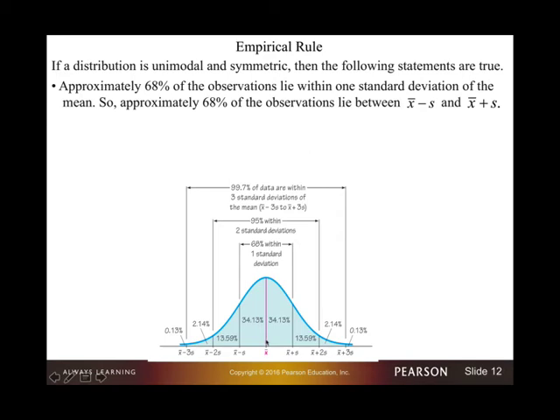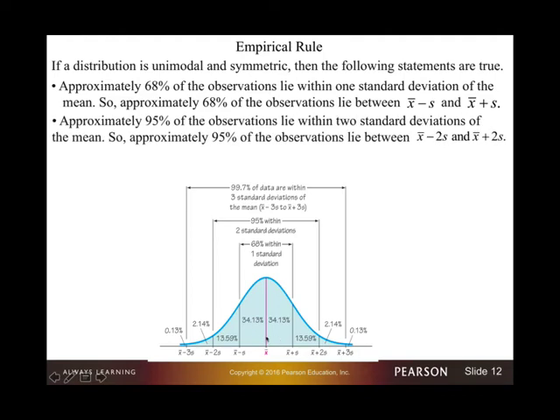Then when we add one standard deviation and subtract one standard deviation, by the empirical rule, this represents about 68% of your data. So 68% of the data will be within one standard deviation.